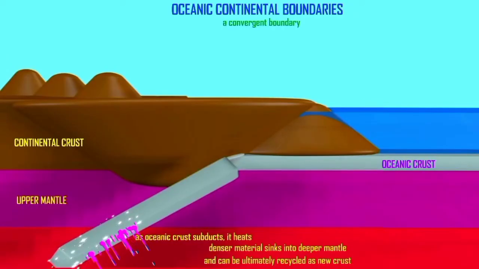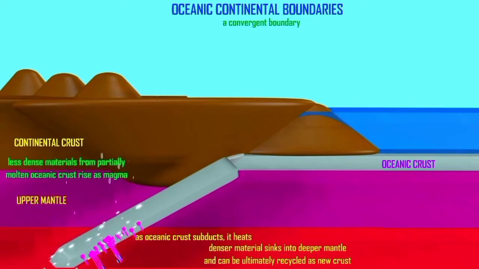It can ultimately be recycled, being produced as new crust at a mid-ocean ridge, and thus there can be a rock cycle where rock becomes part of oceanic crust, then after subduction becomes magma in the mantle once again, and then later becomes more oceanic crust. The less dense materials from partially molten oceanic crust can rise to the surface.